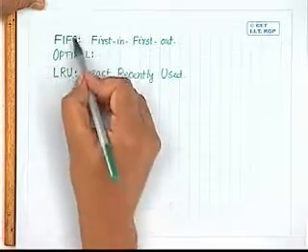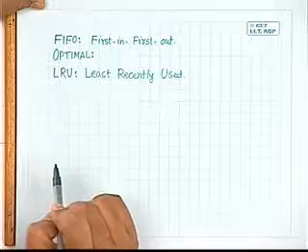So we'll discuss these three kinds of page replacement techniques with the help of a sequence of page numbers, which, of course, is a hypothetical example, generated by the CPU.